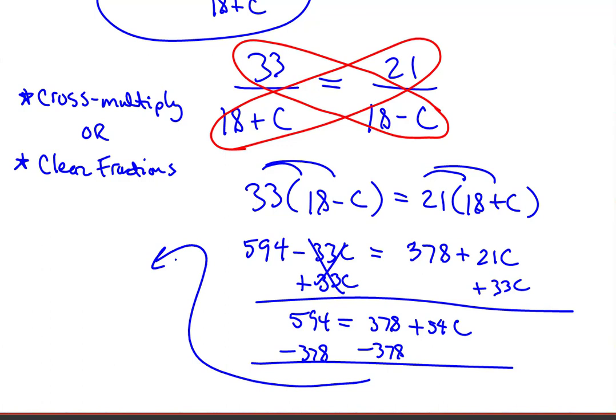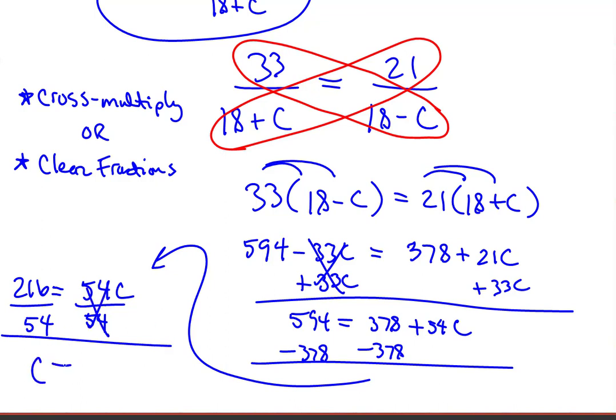Let's see, we're a little bit out of space. Let's go over here. So 594 minus 378 should give us 216, and that will equal the right side, which now is just the 54c. Of course, if we divide by 54 on both sides, then we get c equals 4. 216 divided by 54 is 4.